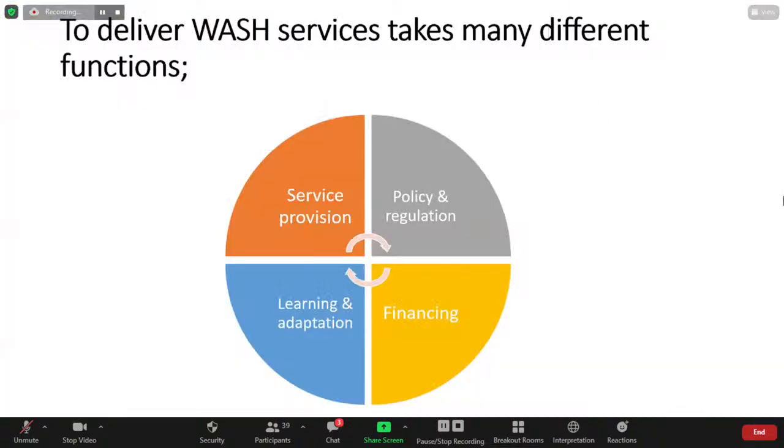So when you're talking about service delivery, particularly for WASH and in relation to water services, we appreciate that the delivery of this takes many different functions. We have policy and regulation, where the government comes in. We also have financing, which is core, because you can't move the needle without the resources that should be accompanying that.